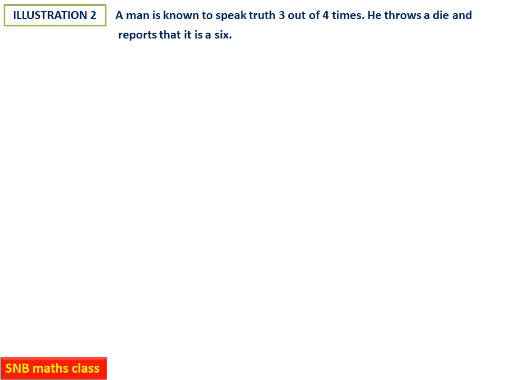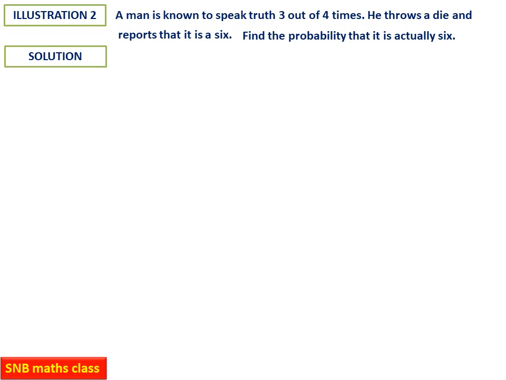Second one, illustration 2. A man is known to speak truth 3 out of 4 times. He throws a die and reports that it is a 6. Find the probability that it is actually 6. Of course, this is a bit tricky question. You should be very careful. Now, let us define the events carefully. E is the man reports that 6 has occurred.